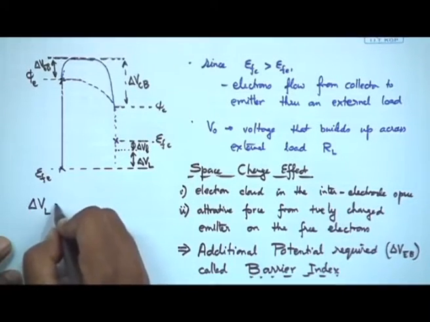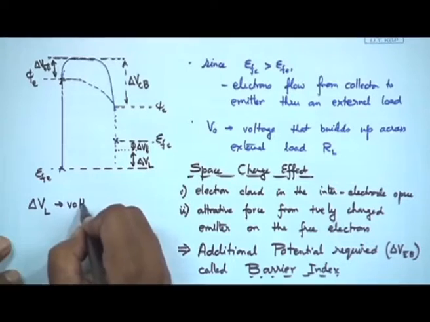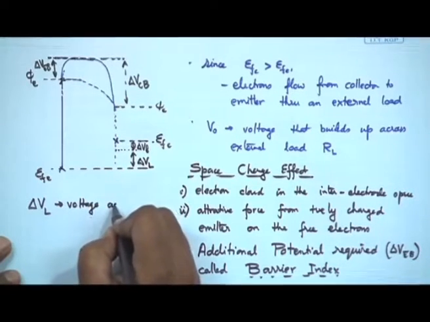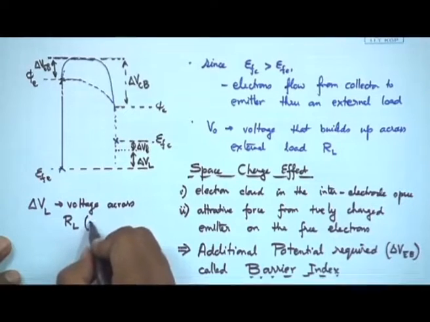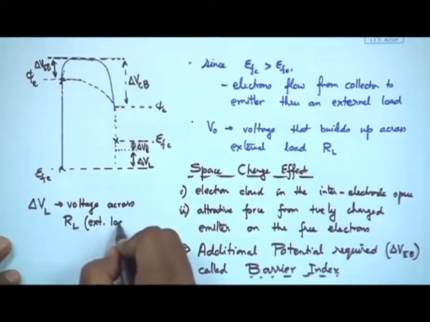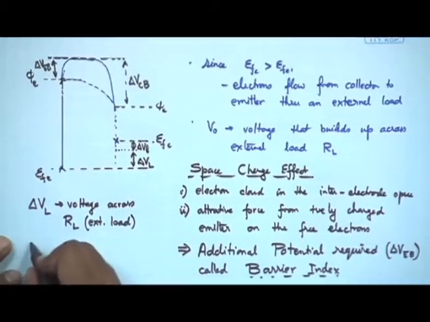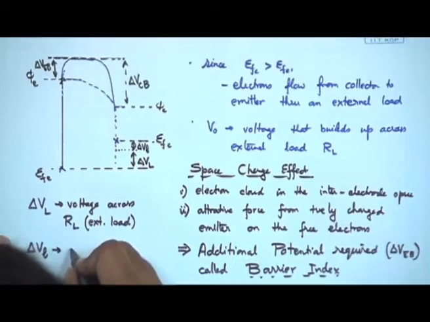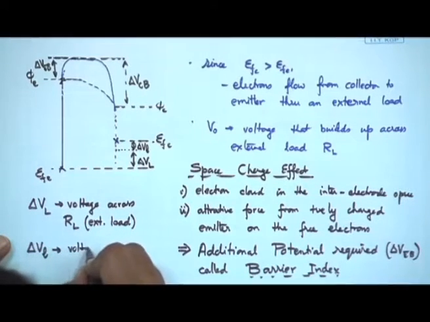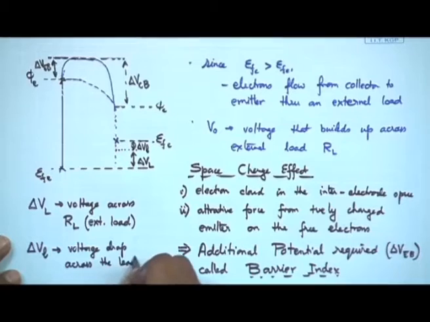Delta V L is voltage or potential difference across R L, which is external load, okay, and delta V small l is drop or voltage drop across the leads or connecting wires.